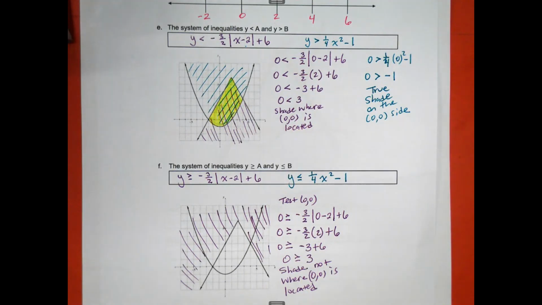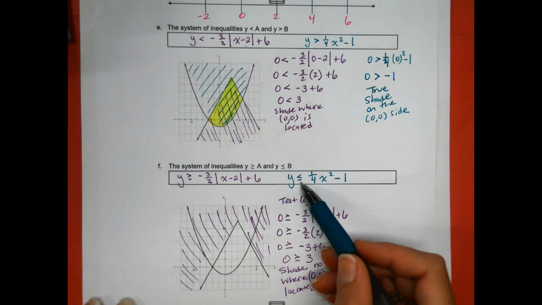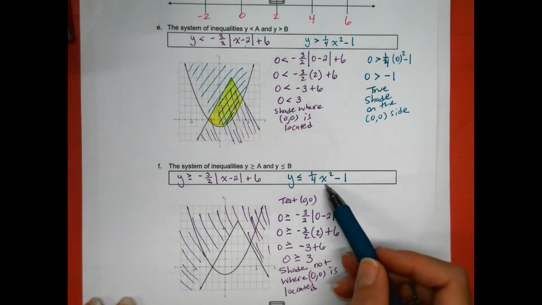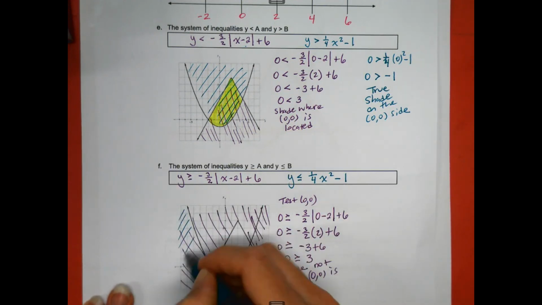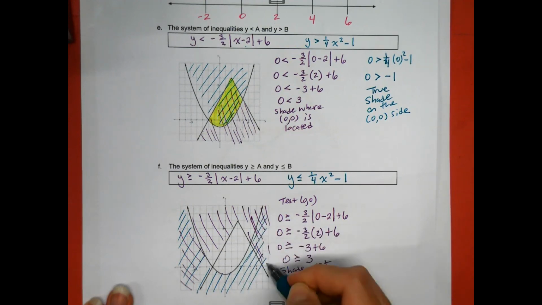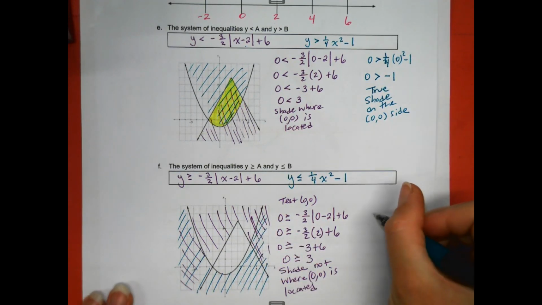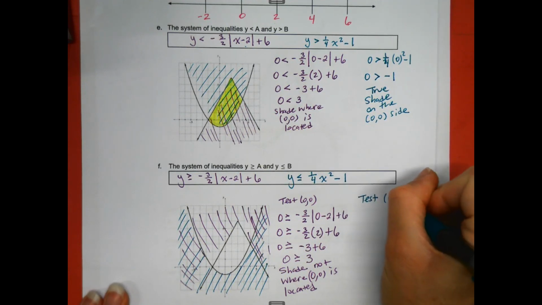Then we want to do the same thing for this one, less than or equal to. If we're less than or equal to our parabola, that means we're underneath our parabola. So we're shading all of this area. You could have also substituted a point, like 0, 0.